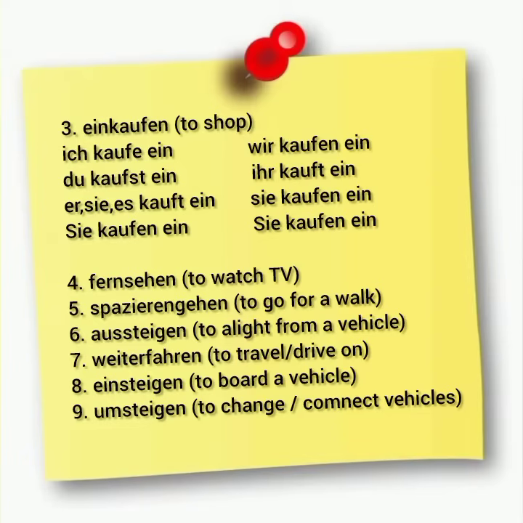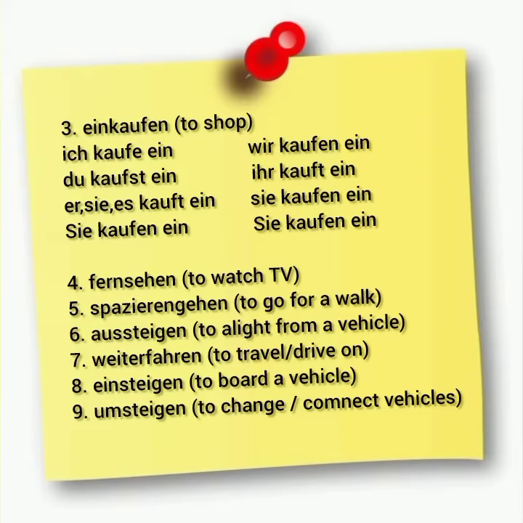The next one is spazieren gehen, to go for a walk. Here, the prefix is spazieren. If I'm to conjugate, you'll say, ich gehe spazieren. Du gehst spazieren.